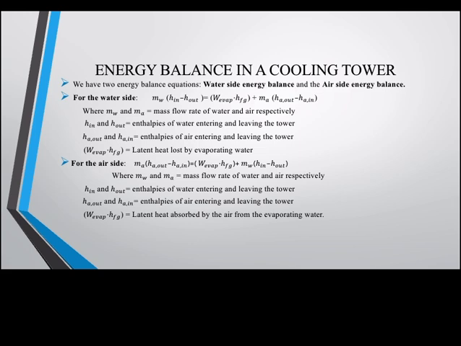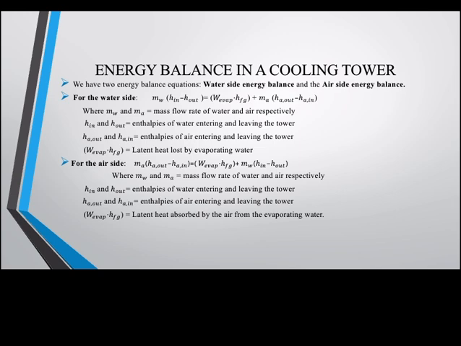This accounts for the latent heat lost by the evaporating water, plus the mass flow rate of air times the enthalpy of air leaving minus the enthalpy of air entering.